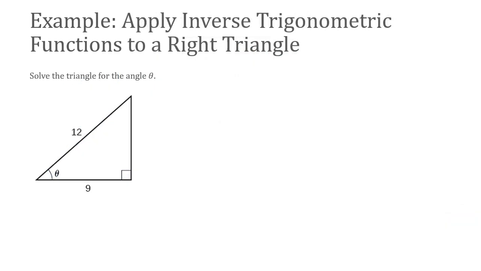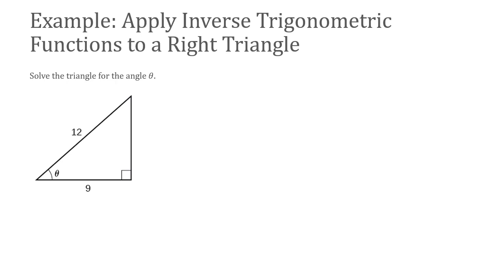Now let's look at an example where we're asked to solve the triangle for an angle theta, where we will have benefit in using a calculator. In this particular right triangle, the base is 9, the hypotenuse is 12, and there is an angle theta between those two side lengths.